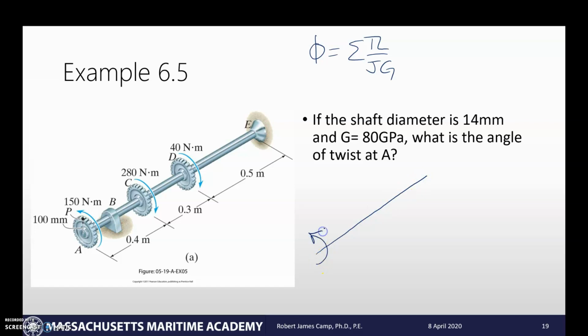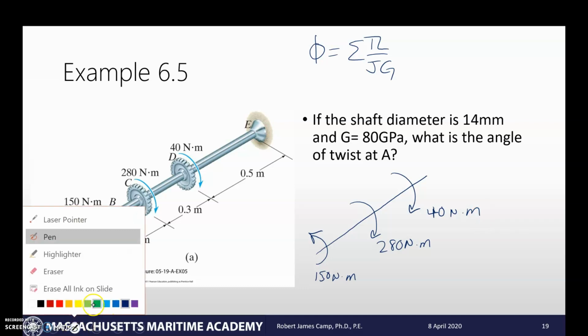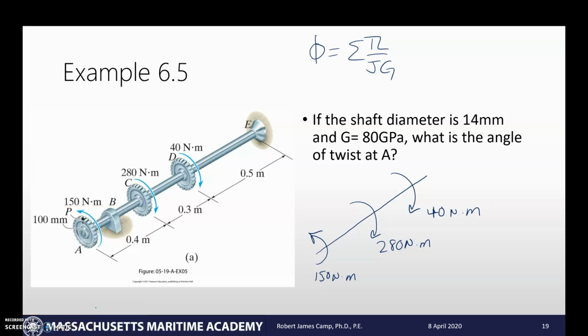I have 150 newton meters going this way, 280 newton meters going this way, and 40 newton meters going this way. And I'm going to be left with a torque here at E that balances everything out. So we're looking at a reaction torque.